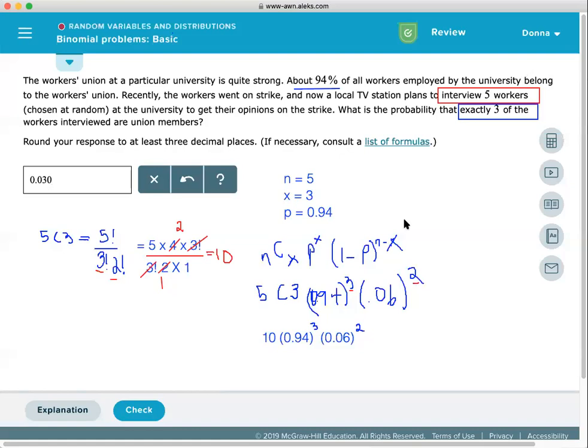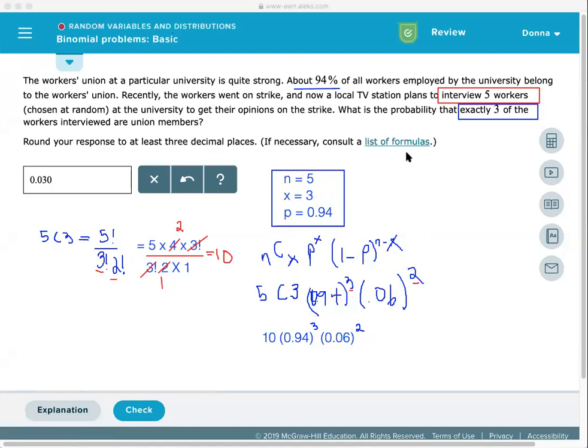So let's review what we have here. The first step when we're solving these binomial problems is to find our 3 parameters, n, p, and x. And I usually write them in alphabetical order. I have them here NXP, but NPX, like NPR, where N is the number of trials, the number of people in the sample, the number of tosses, the number of spins of the coin.